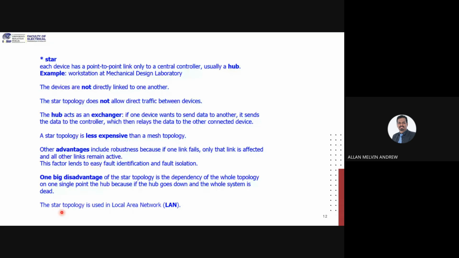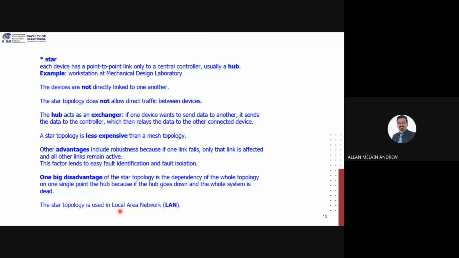The star topology is used in a local area network. I think you are familiar with this LAN. Inside your building, or a small area, we call it a local area. The network inside the local area is called the local area network.